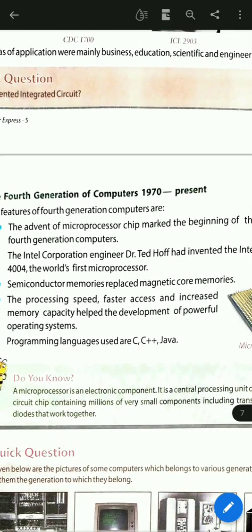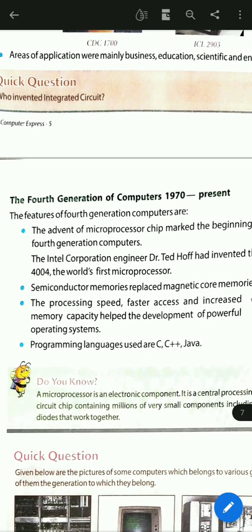fourth generation computers, 1970 to present. So students, fourth generation computers were from 1970 to present, means till now. The advent of the microprocessor chip marked the beginning of the fourth generation computers. Nowadays you have seen that computers are coming with microprocessors.